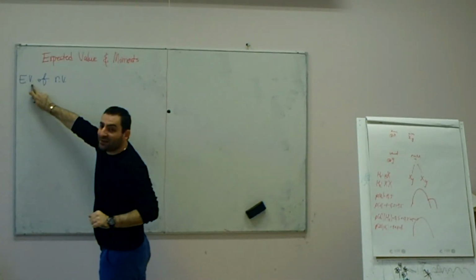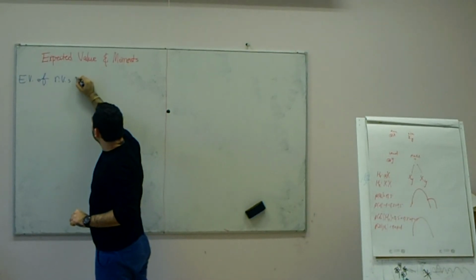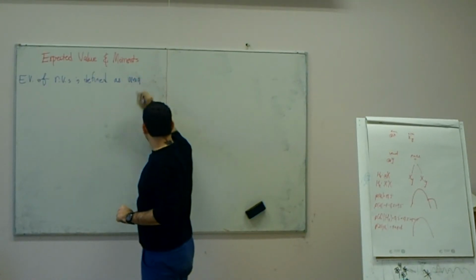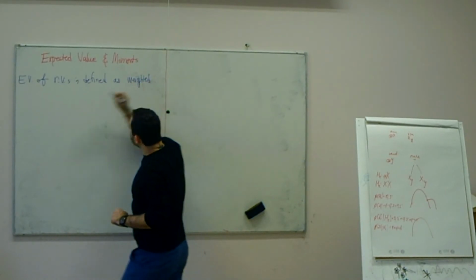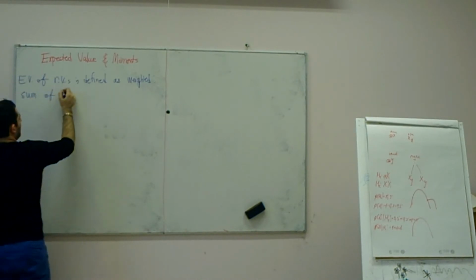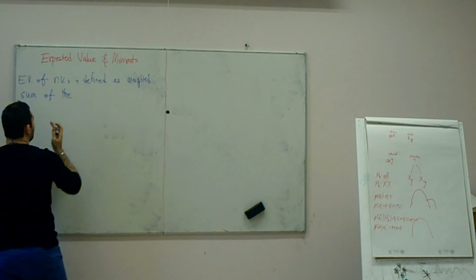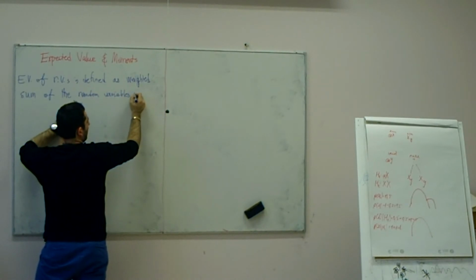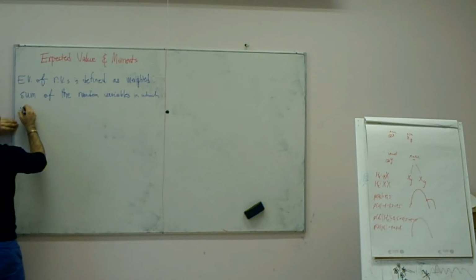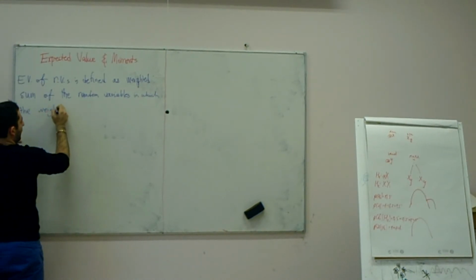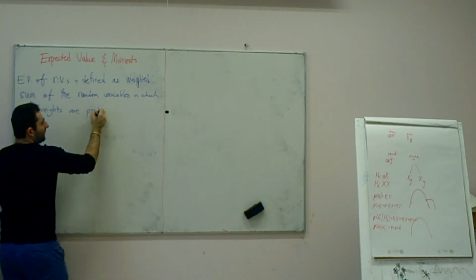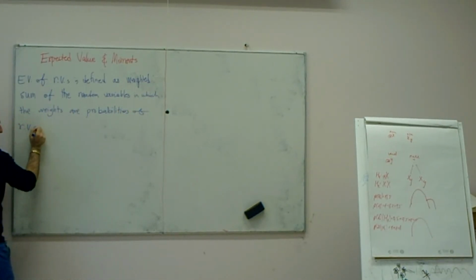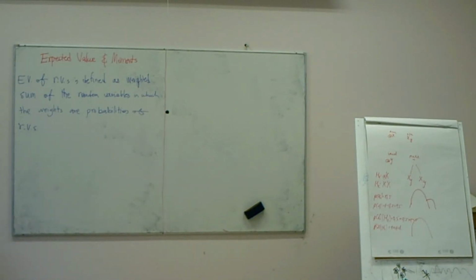Expected value of random variables is defined as a weighted sum of the random variables in which the weights are probabilities of random variables.